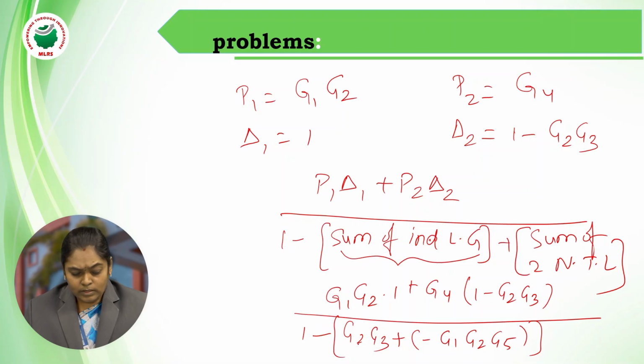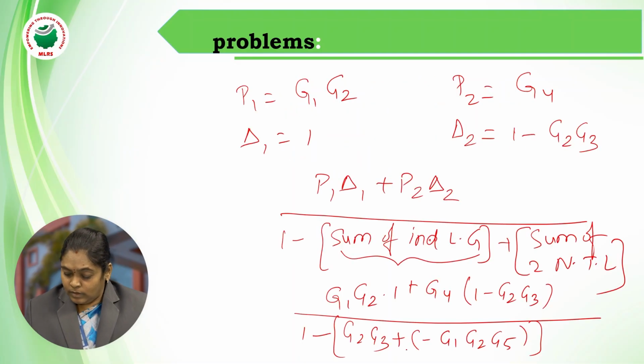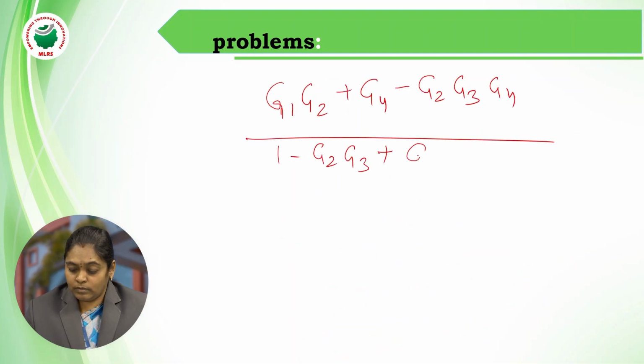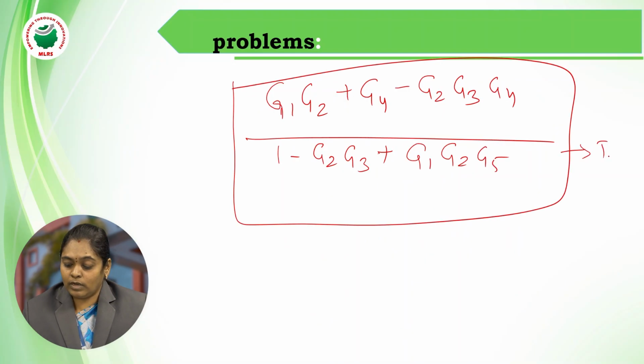So 1 minus G2, G3 plus G1, G2, G5. This is the overall transfer function for the given signal flow graph.